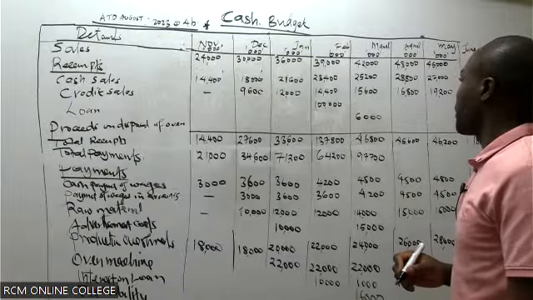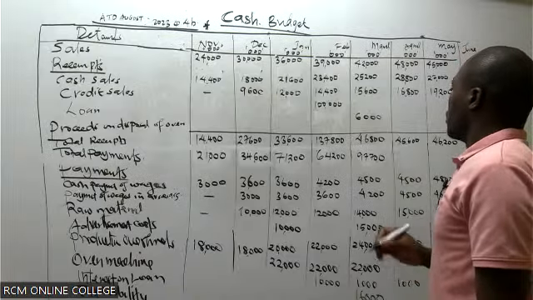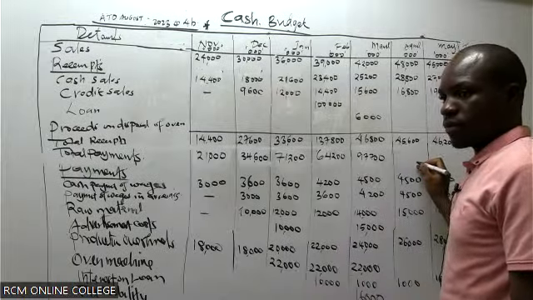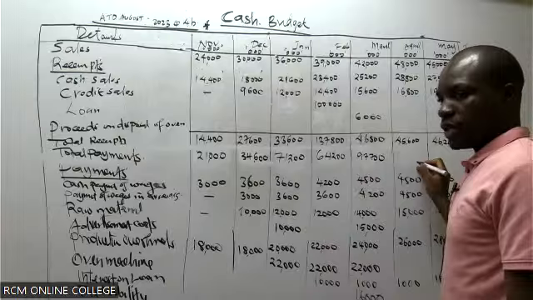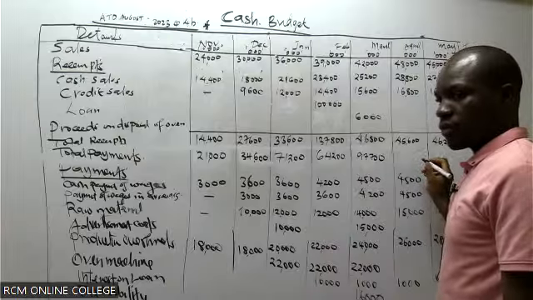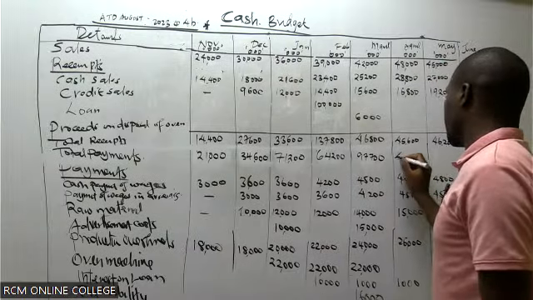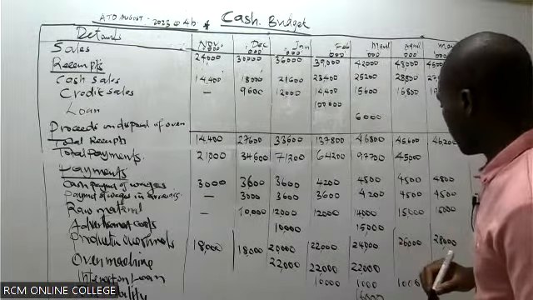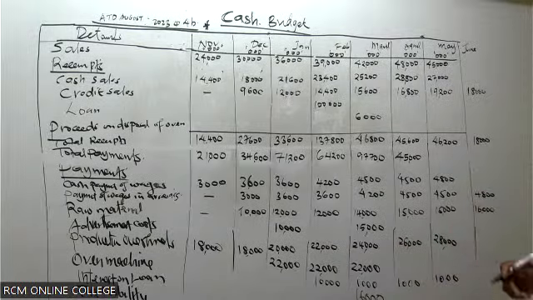May ni ngapi? Or April ni ngapi? April tunapata ngapi? 45,000. How about May? May tunapata ngapi?